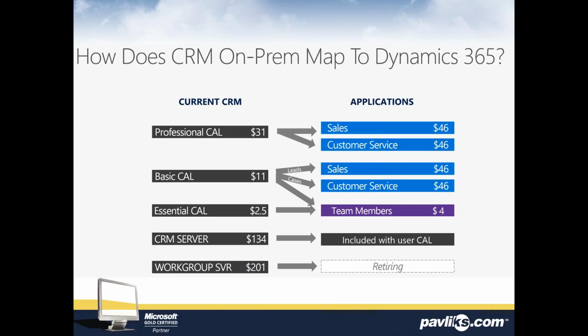The time of making the decision of what you need to move to is based upon the date of the renewal of your contract. Whether you realize it or not, everybody has a contract, even if you are online or on-premise.